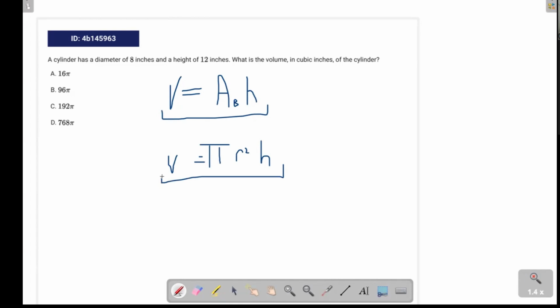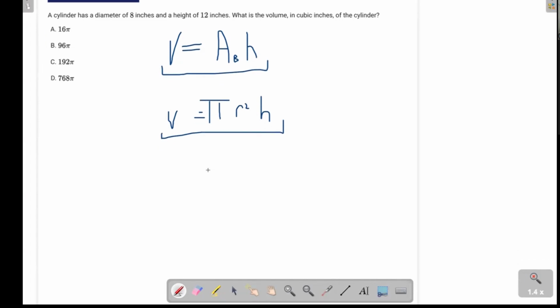You can just plug in the values. The height is going to be 12. And our radius, we can figure out by dividing the diameter by 2. So instead of 8, our radius is going to be 4, half of that. Sorry, the height is going to be 12. And the radius is just going to be 4 squared.